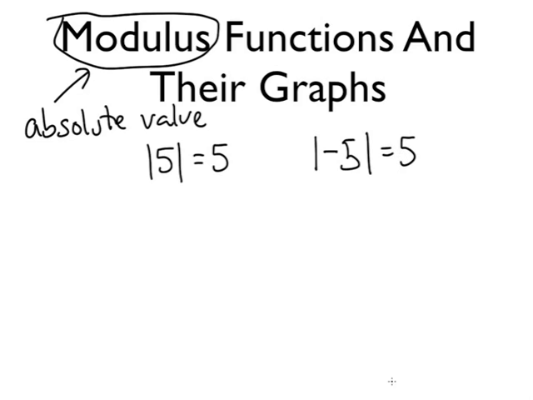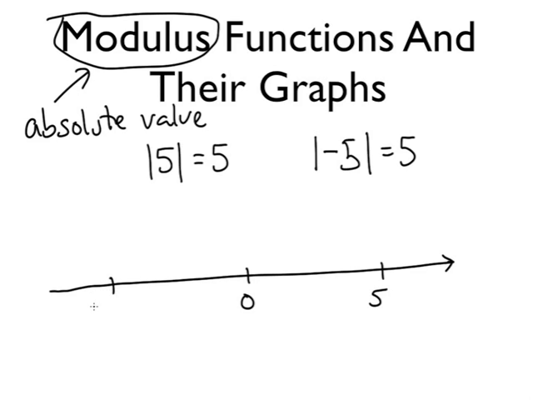If you want to imagine it this way, let's suppose this is a number line. Let's say this is 0, this is 5 over here, and this is -5. What the absolute function or modulus function does is it tries to find the distance between 0 and that particular number.